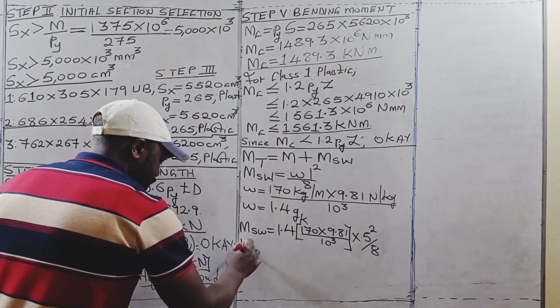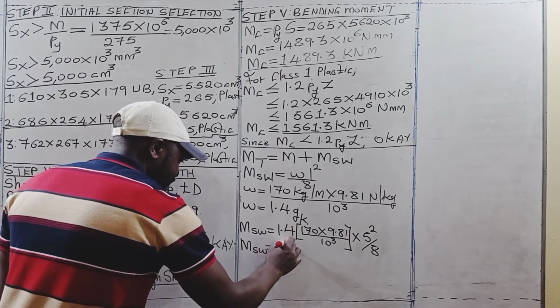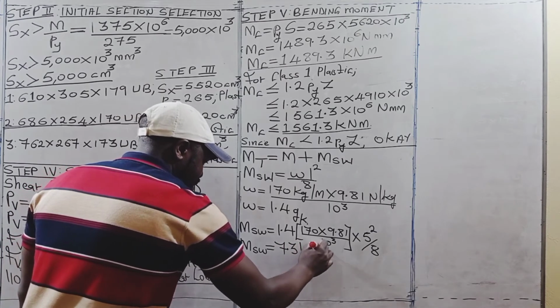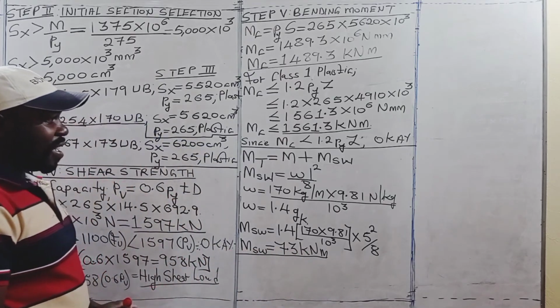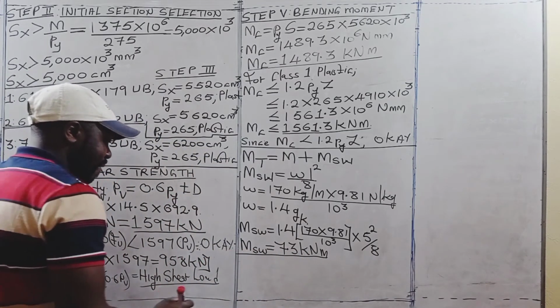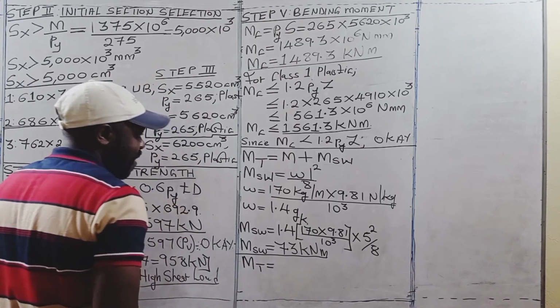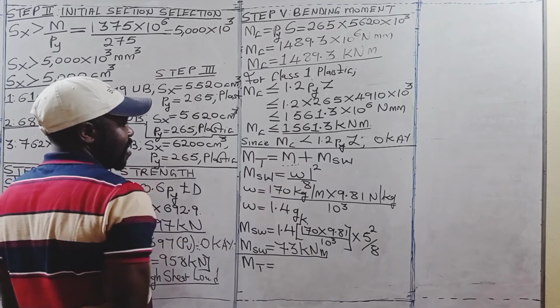And by doing so, we are going to have the moment due to self-weight of this beam as 7.3 kilonewton meter.